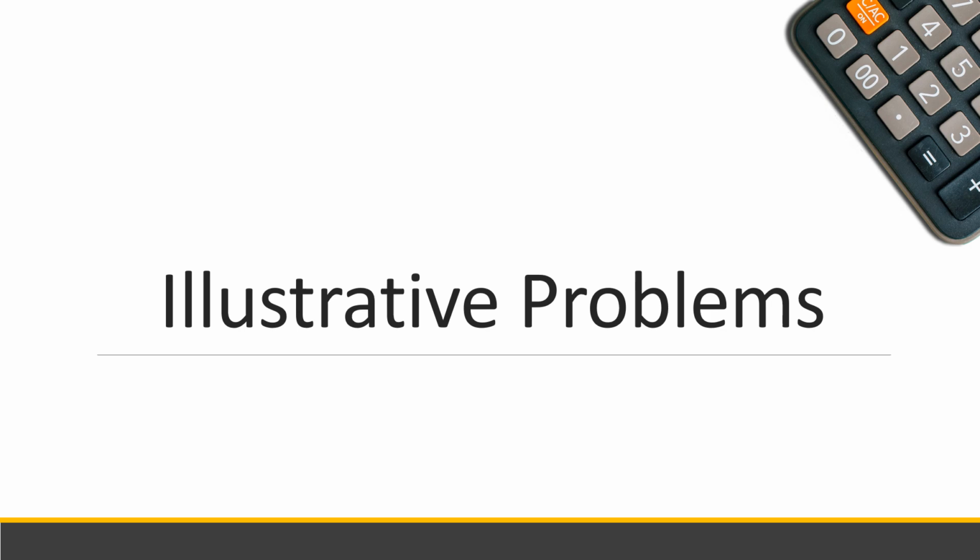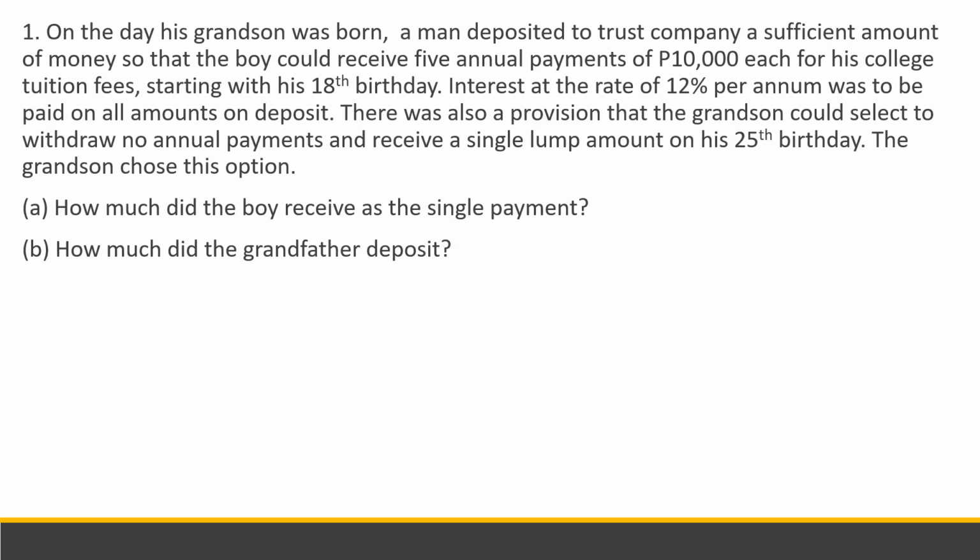So let's have some examples. Okay, so on the day his grandson was born, a man deposited to a trust company a sufficient amount of money so that the boy could receive 5 annual payments of 10,000 pesos each for his college tuition fees starting with his 18th birthday.